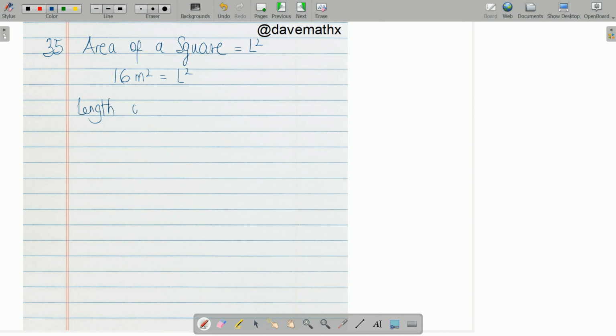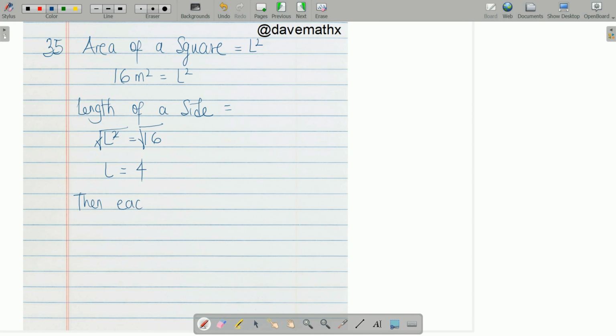To get the length of a side, we equate the formula with the given area in the question. Taking the square root of both sides to isolate the side length. Now the length of its side is 4 meters.